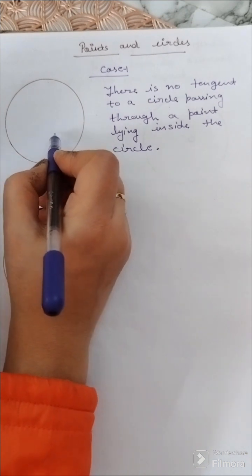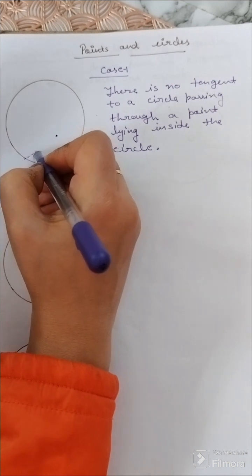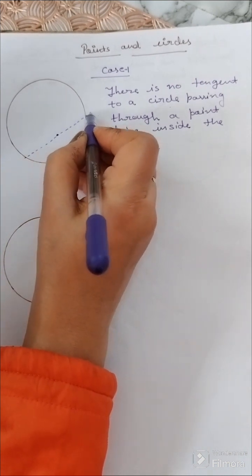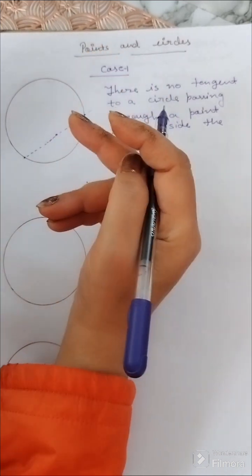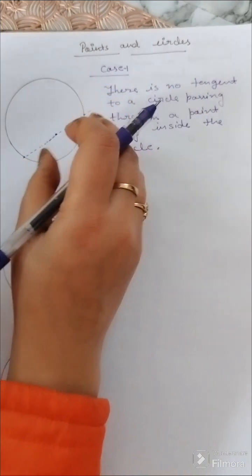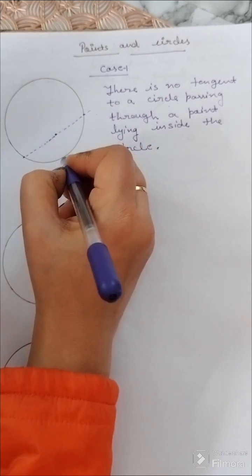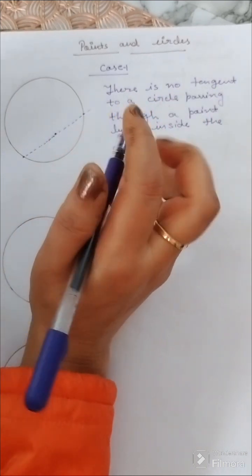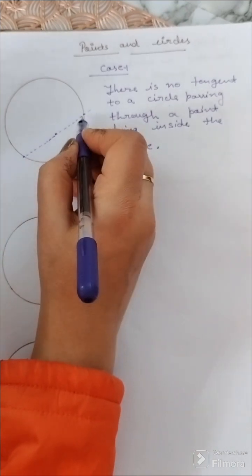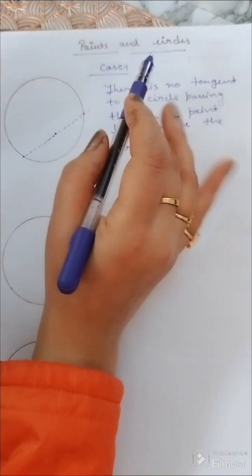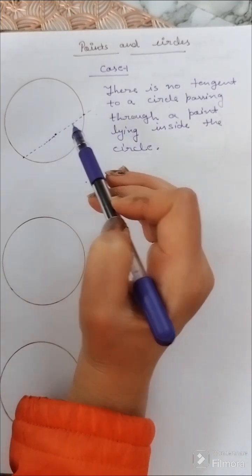Because if we take any point inside the circle, and if we want to draw a line, it will touch or intersect the circle at 2 points, which will not satisfy the definition of tangent, because tangent is a line which touches the circle at one particular point. It is just a secant, or an intersecting line, but not a tangent. So we can say that there is no tangent to the circle passing through a point lying inside the circle.